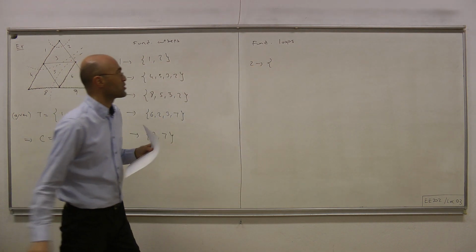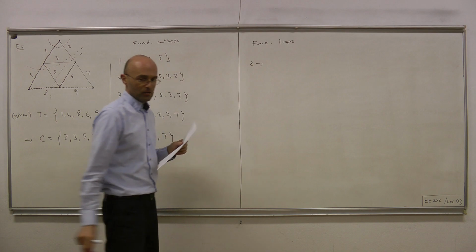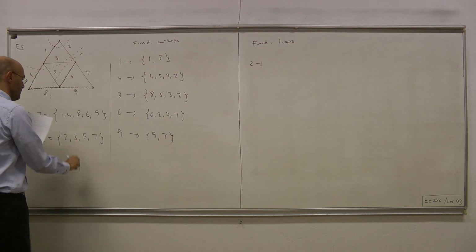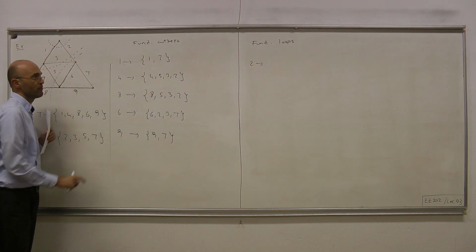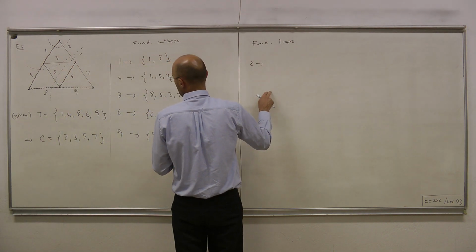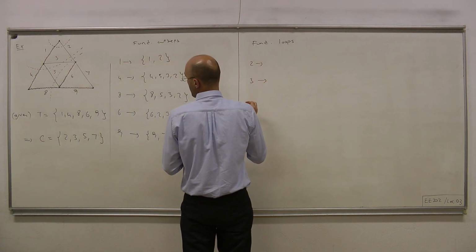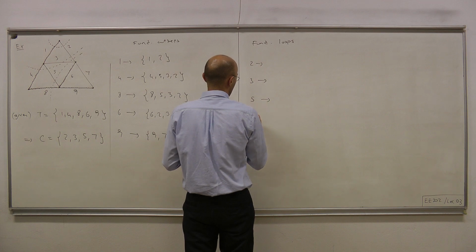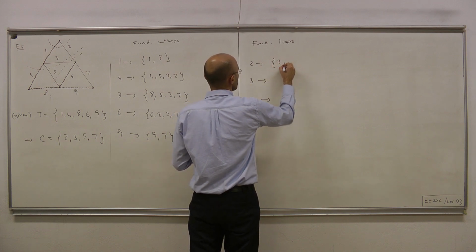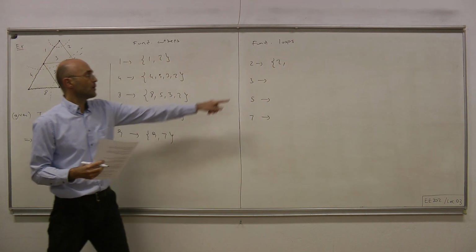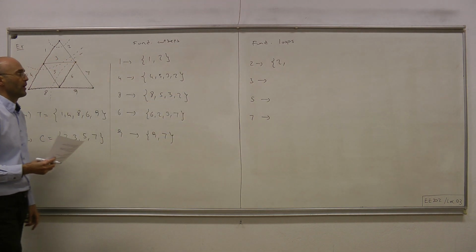Each Cotree branch must define a fundamental loop, and the Cotree branches are 2, 3, 5, 7. So we're talking about 4 fundamental loops. And the first branch must be the branch of the Cotree. Okay.